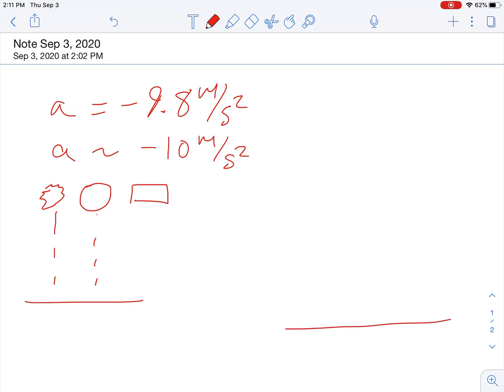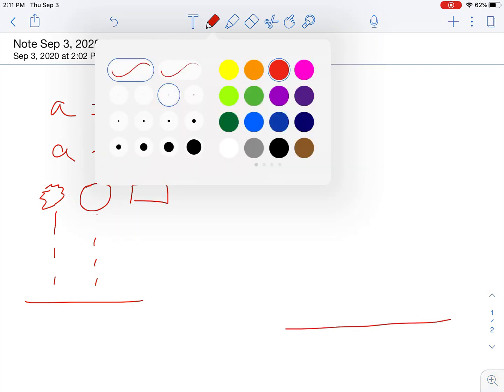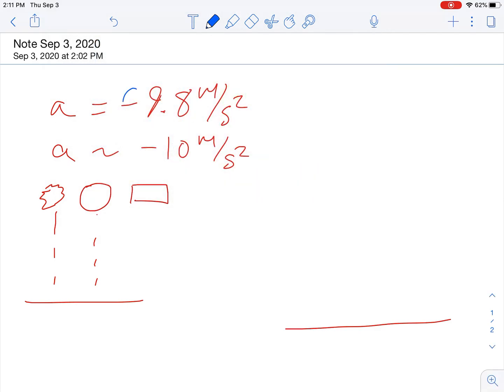And here's why. The negative sign just means that acceleration points downwards. That's all the negative sign means there. And acceleration means your change in velocity.